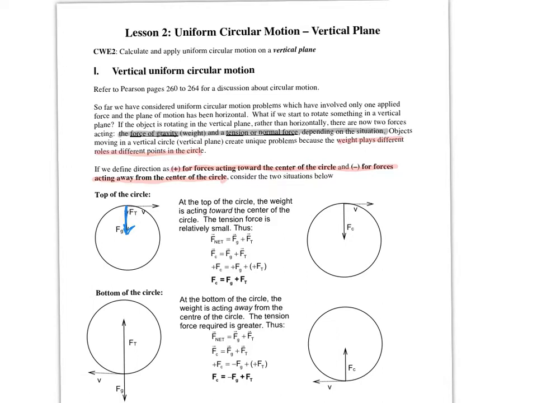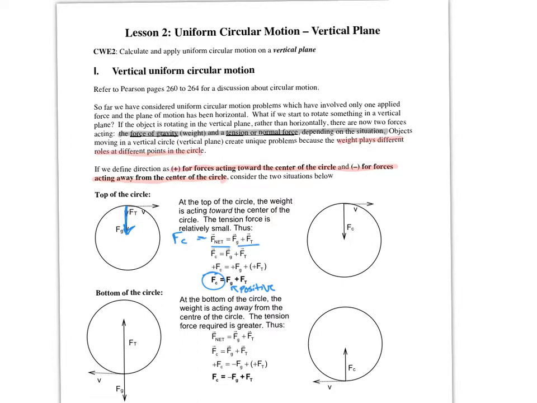Both of these are positive in this case. Together, we add those two forces to get the net force, which is the centripetal force. So overall, centripetal force is the force of gravity, which is positive, plus the tension force, which is also positive.